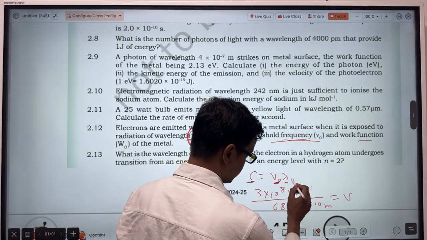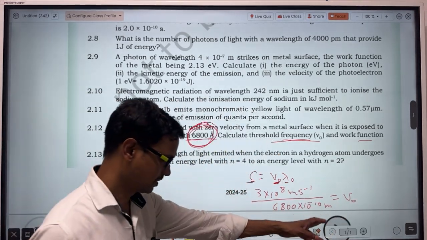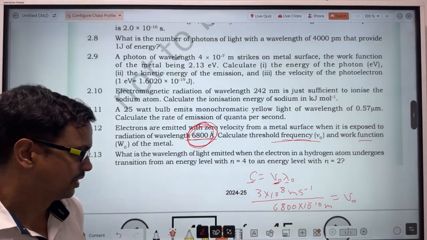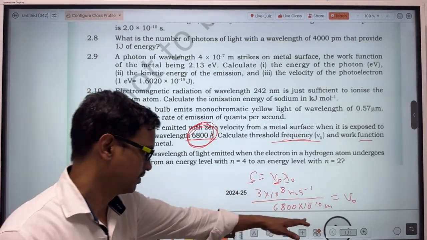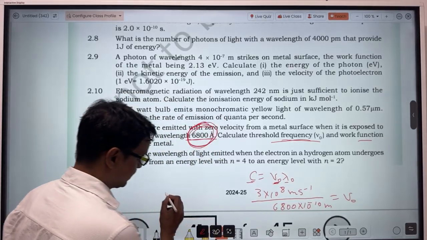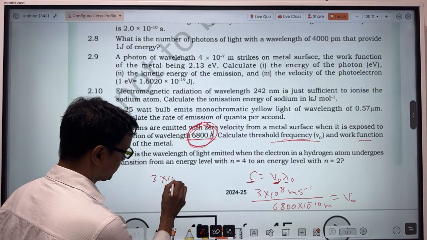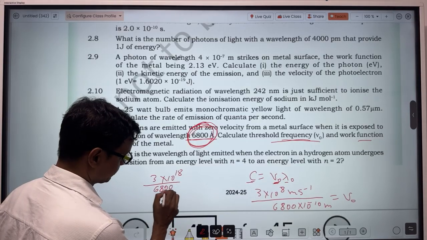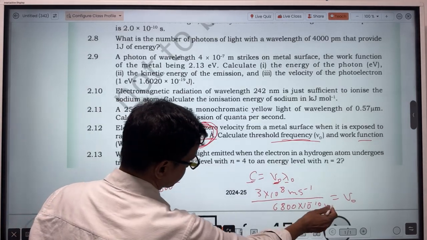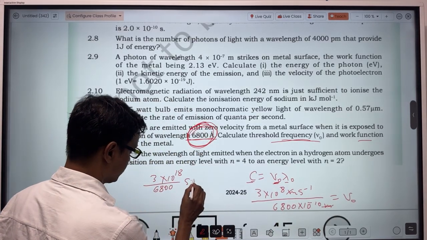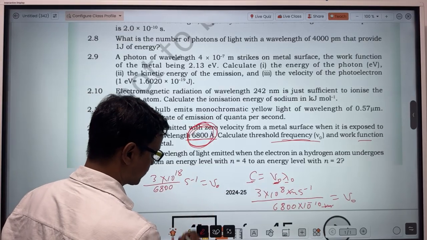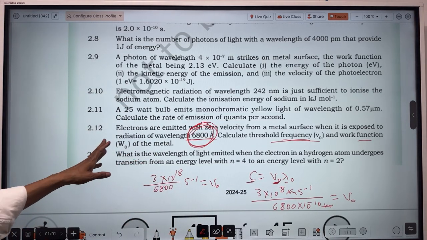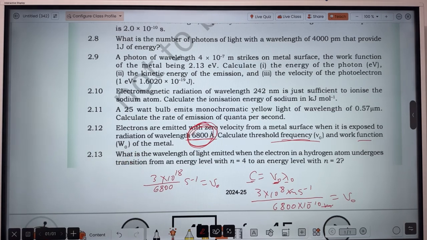So nu naught, the threshold frequency, is the velocity of light upon the wavelength of light. Here it is 3 into 10 power 18 upon 6800. The meter will cancel out, leaving second inverse, which will be equal to the threshold frequency for the photoelectric effect.